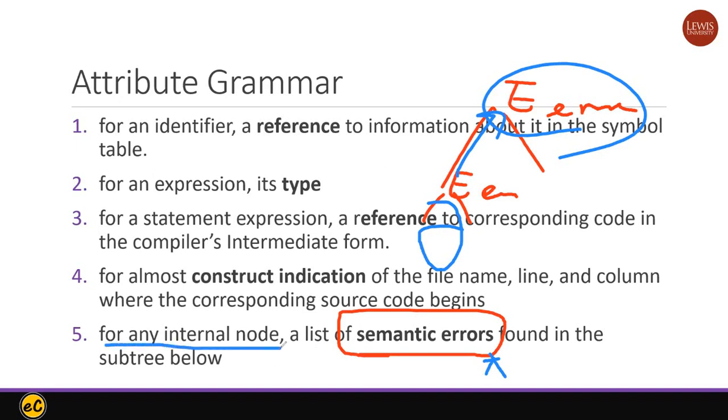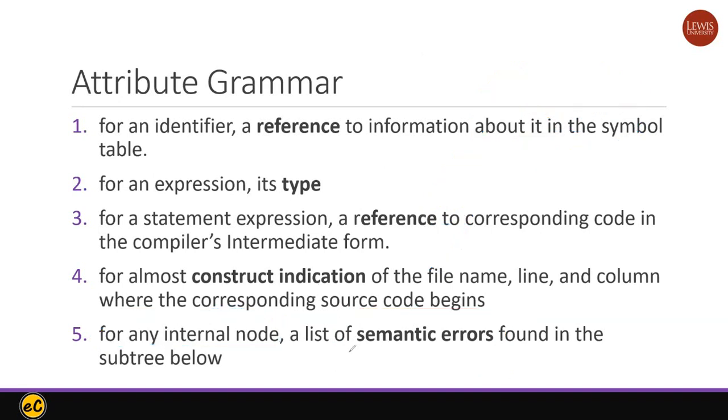For any internal node, there's a list of semantic errors. So during the process, each term here is one attribute in the attribute grammar framework. How to evaluate is another issue, but here you just remember each node has not only the value. Value is one type of attribute, but there are many types of attribute here.